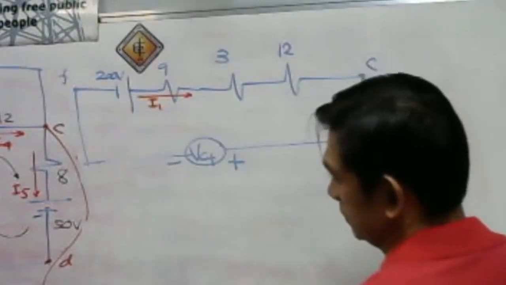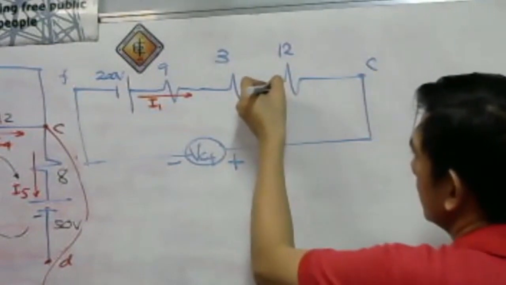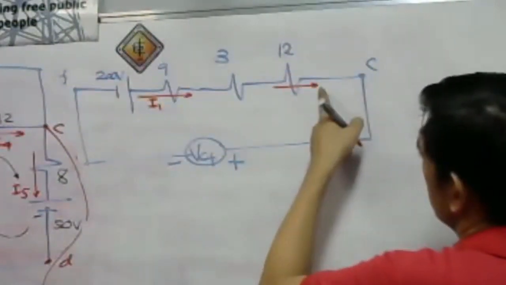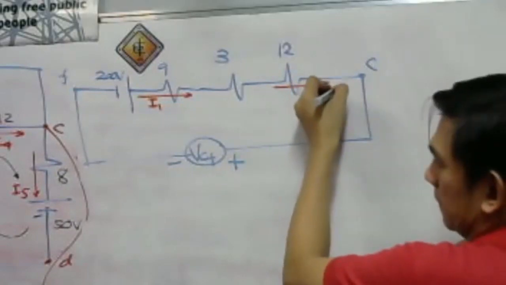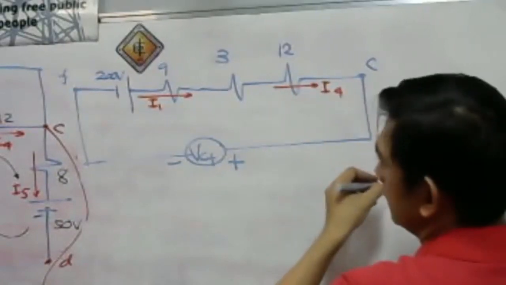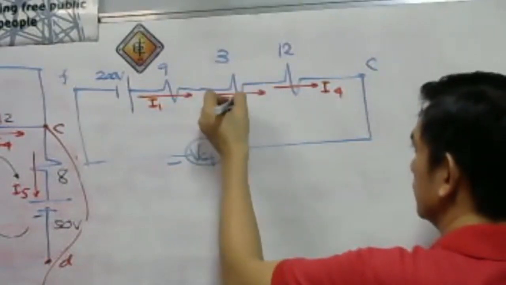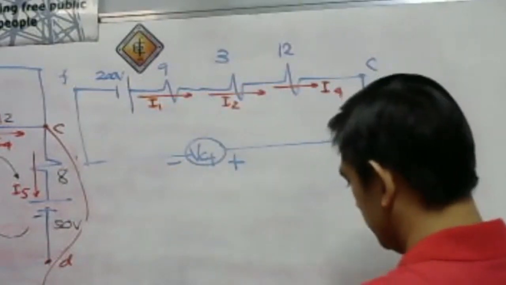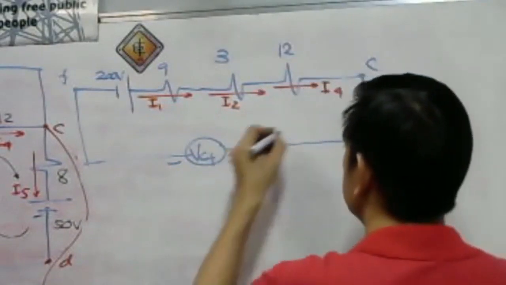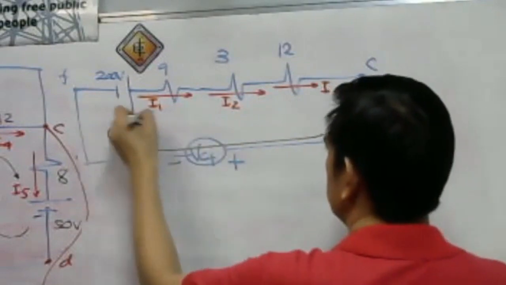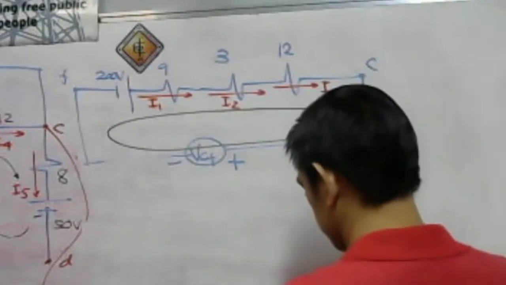And then, we have our I4 pointing towards point C. And then, I4 is the same direction as I2. Okay. Then, let's make use of the Kirchhoff's voltage law. This is our circuit tracing.